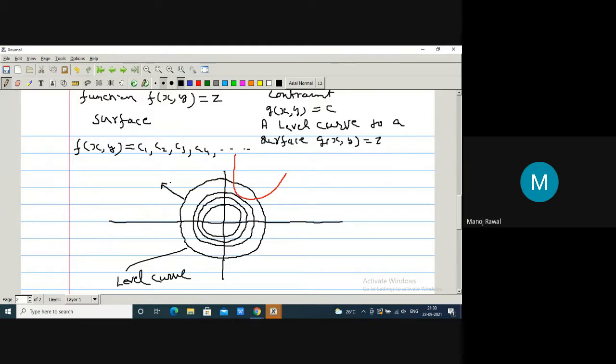So the gradient of f will be working at this point. If I talk about the normal over here, then the gradient of f will be working here as well. You can have it inward also, because maxima and minima are given by the gradient only. So here also the gradient of f is working.